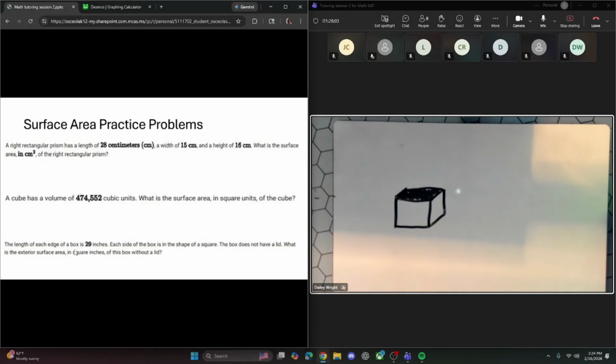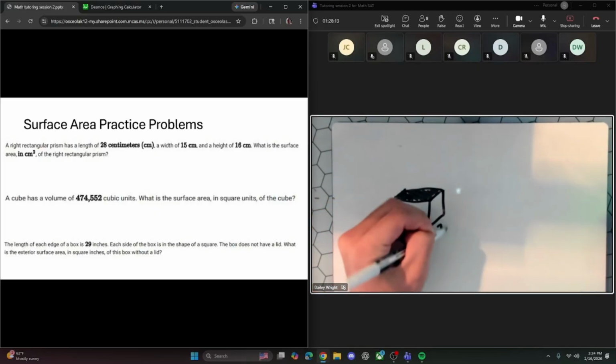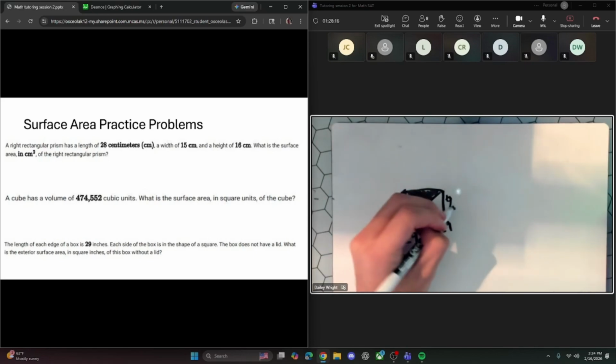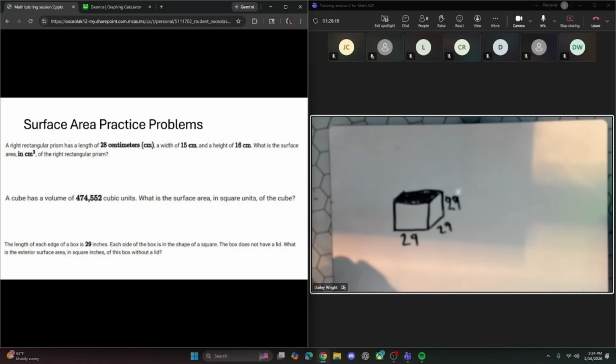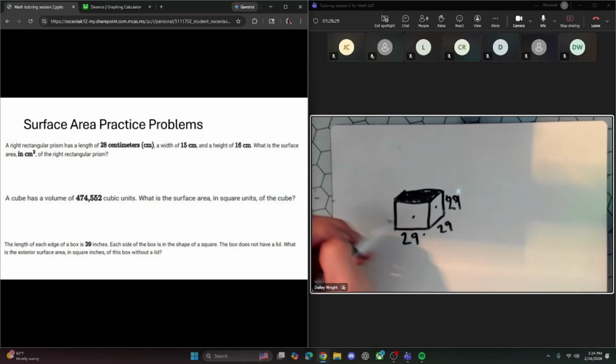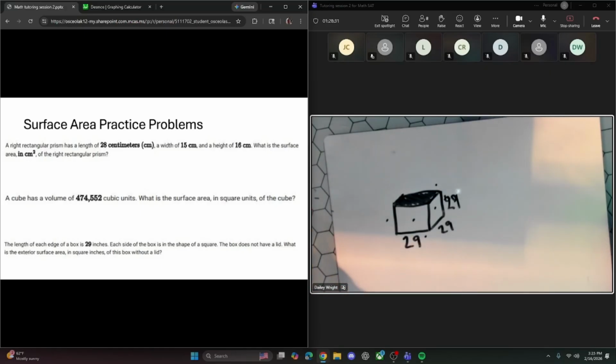So we know the length of each edge of the box is 29 inches and each side of the box is in the shape of a square. That means this box is in the shape of a cube, so we know the length, width, and height are all going to be 29. And it's asking for the exterior surface area in square inches of this box. So there's only 5 sides on this box here, so we need to find the area of 1 and multiply it by 5.